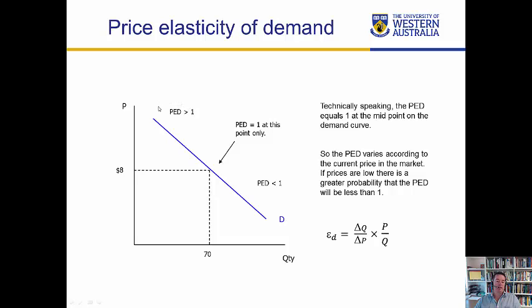Now the reason that it varies is as follows. Let's consider points high up on the demand curve, so at prices of around about $12, $13 a unit. If we start up high on this demand curve at a price of, say, $13, and we lower the price by $1, then in percentage terms, that is going to be a very small percentage change in price.